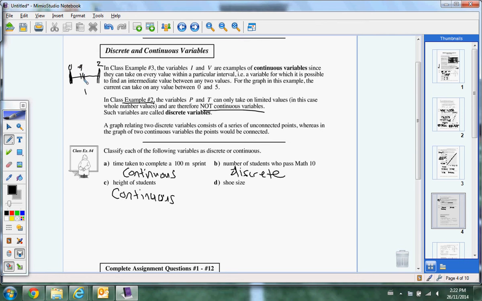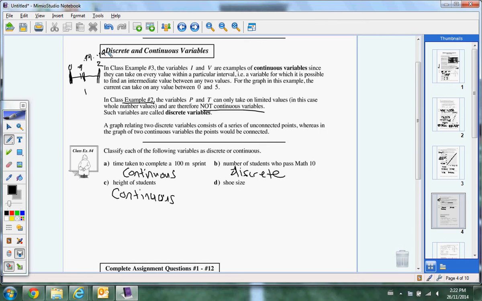Then I can cut another spot at 0.99. And then another spot at 0.999. I could keep doing that for the rest of my life and not be done. There's an infinite amount of spaces or lengths that you possibly could have. So that's an example of why it's continuous. There's no problems. You understand that? So with height, there's an infinite amount of heights we can have.